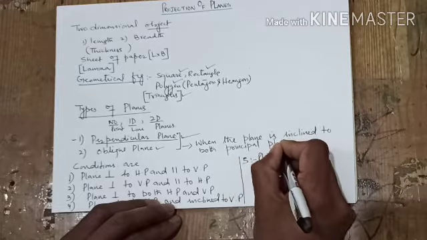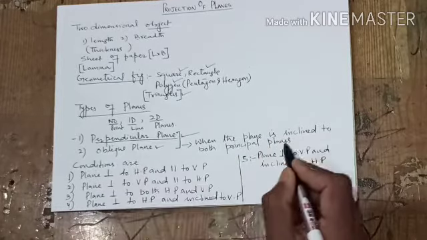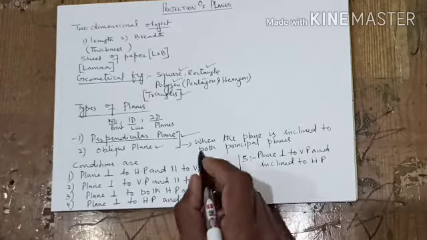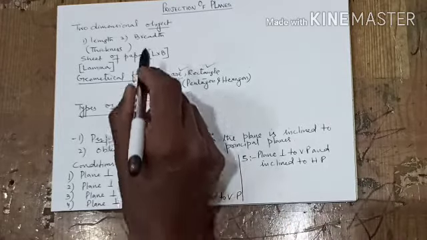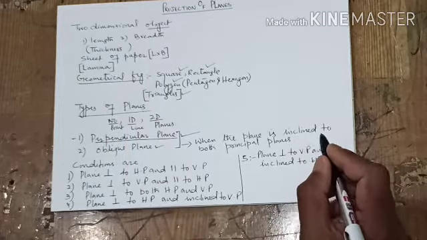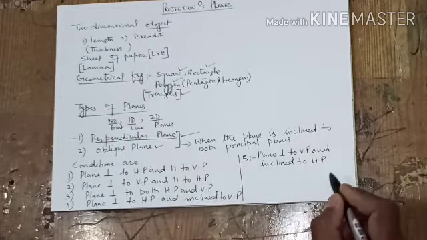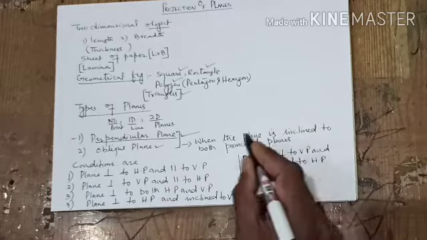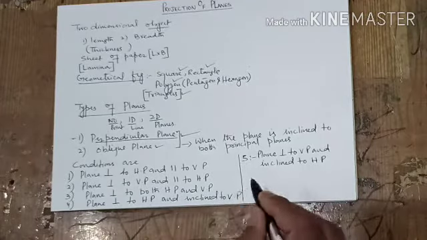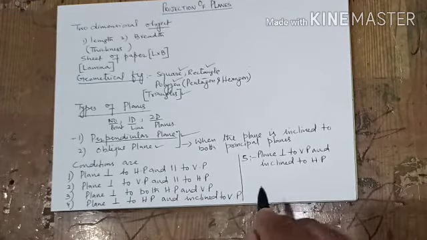Oblique is the condition in which the plane, that is the object, is inclined to both principal planes. So these are the various conditions of the planes, and these are the various figures which we are going to do in the future classes.